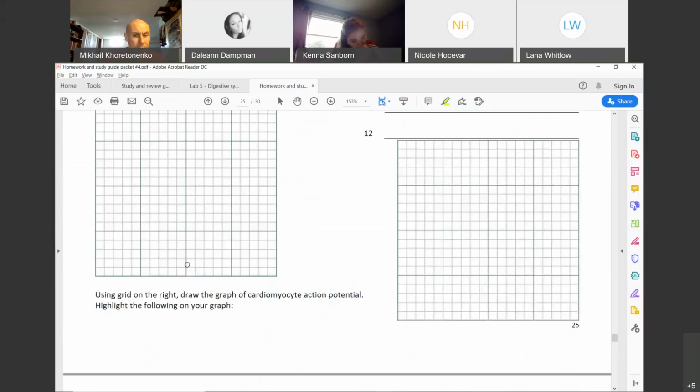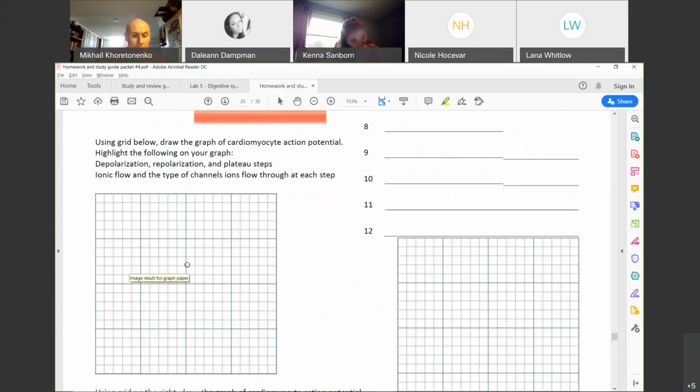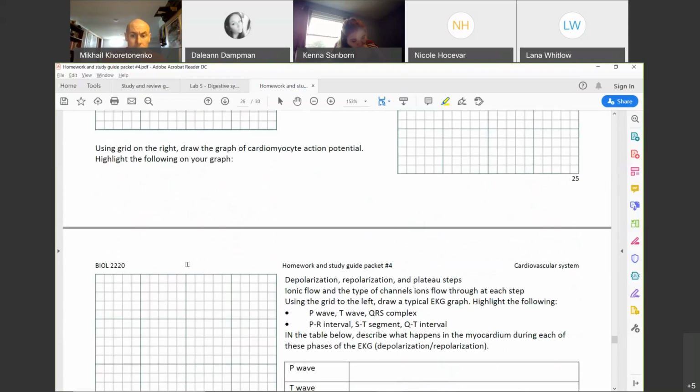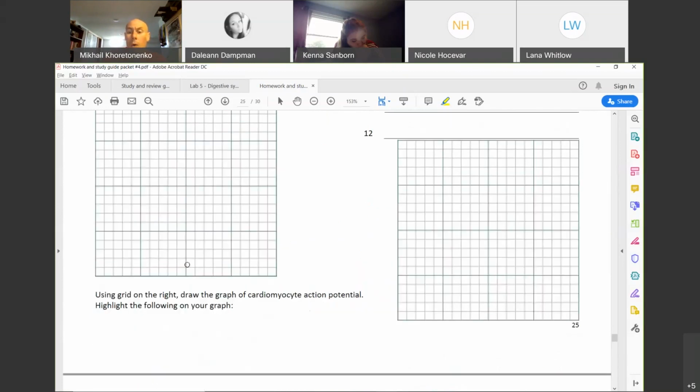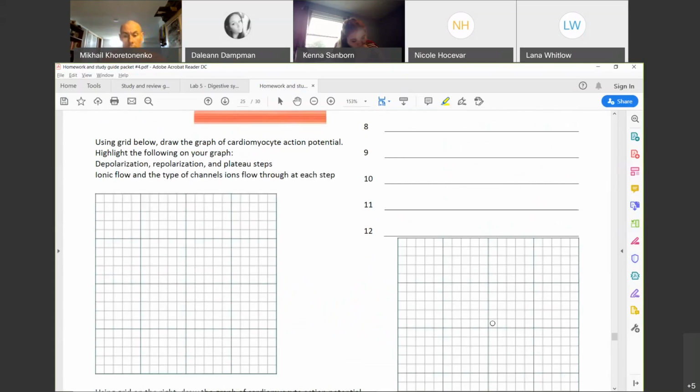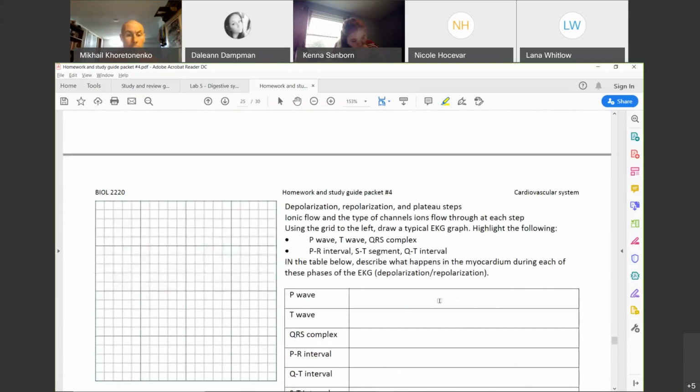Why do I have 2 cardiomyocyte action potentials? Oh, you can use this grid. Sorry, that was a kind of a mistake. You can use that grid to draw the pacemaker potential.